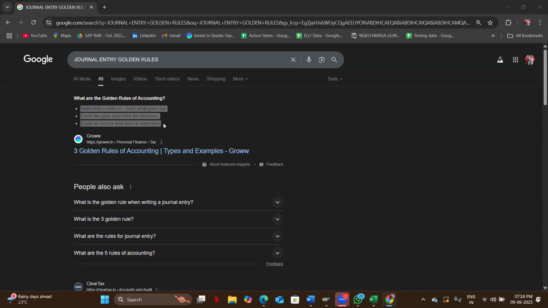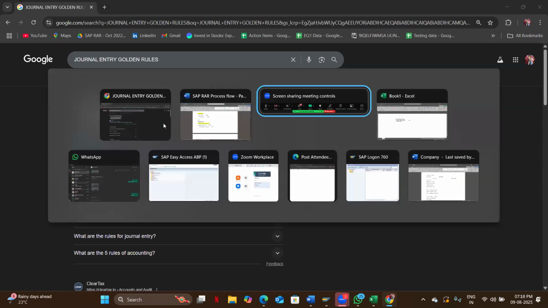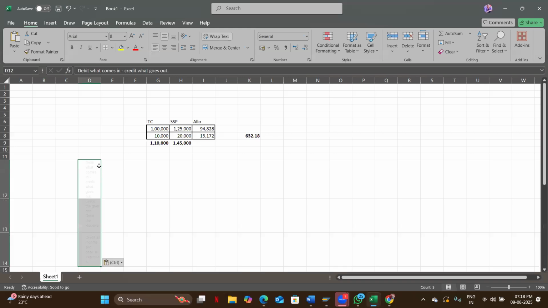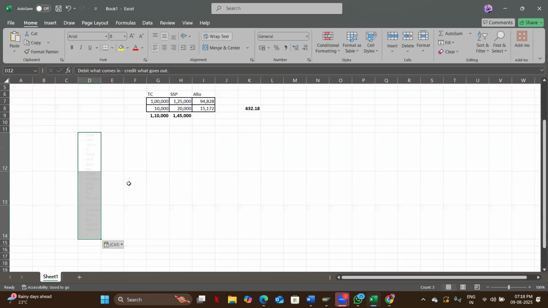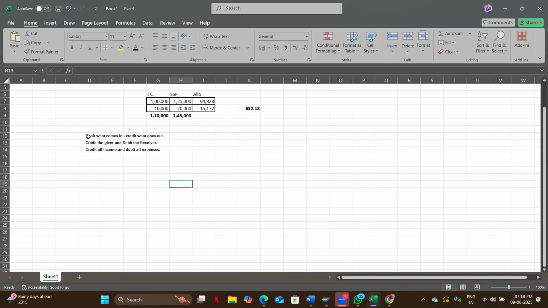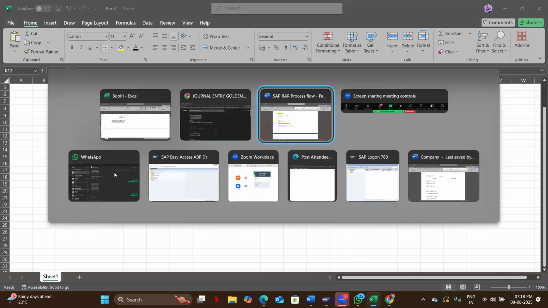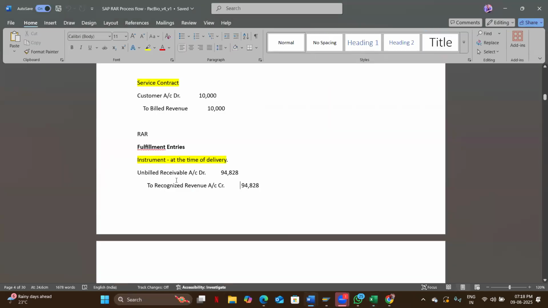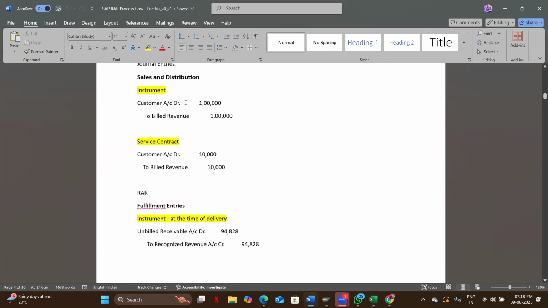Let me show you here. So this is the rule: debit what comes in and credit what goes out. Here what comes in means the customer comes to us.